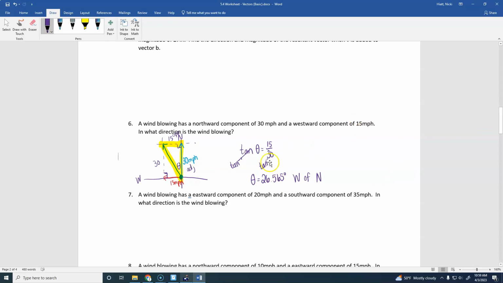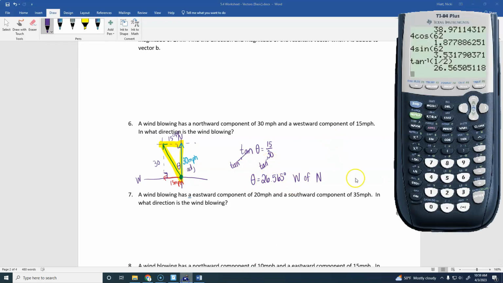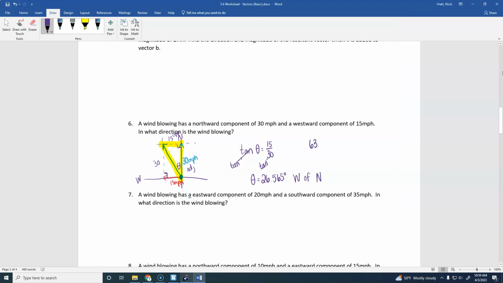What if our answer's not there? We can do 90 minus that number, and we'll get 63.435. And that would be north of west.